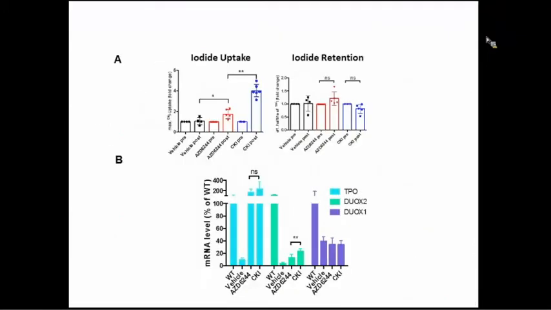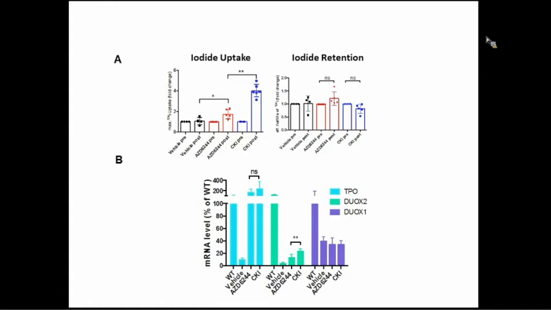Now, what I showed you before was that when we treated these mice with BRAF mutant thyroid cancer, you might notice I treat mice and humans the same. So that essentially they're about the same for me. When you look at the iodine uptake, as I showed you before, we show this nice increase of iodine incorporation when you had a more potent inhibition of the pathway.